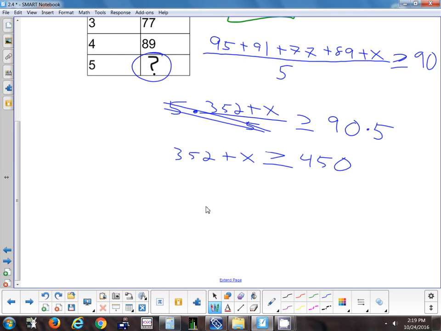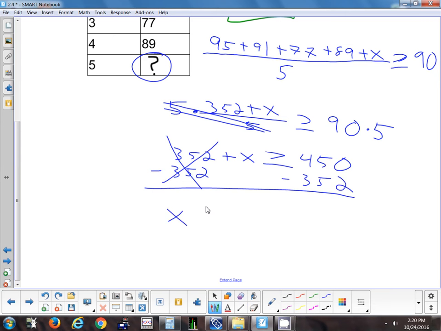How do you move a positive 352 to the other side? Not divide. Divide as if you had something like this, Jordy. Subtraction. Yep. So minus 352 and minus 352.